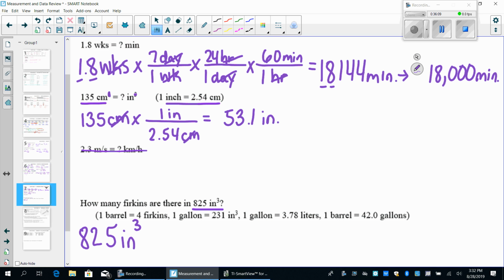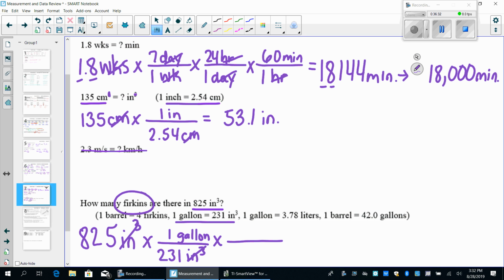And then you're going to go from there to it wants to know firkins. So the first one I'm going to use is this one, that there's 231 inches cubed in a gallon. Okay, when I calculate that, that gets me away from inches cubed and gives me gallons.